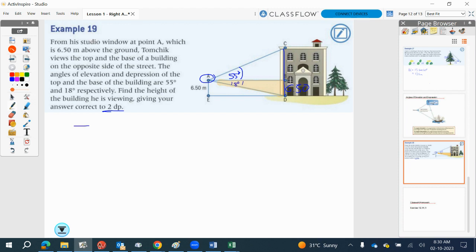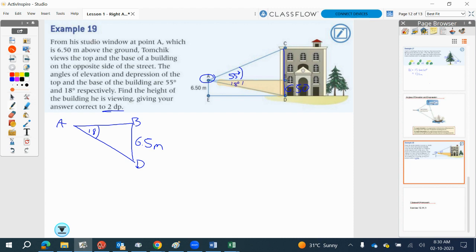So now we do have 2 pieces of information in that triangle. Let's draw it like this, it's A, B, D. This angle is 18, this height is 6.5 meters. What we want now is to find BC.